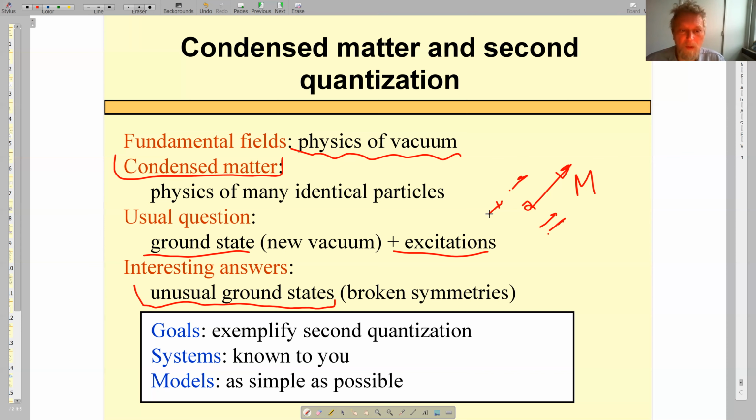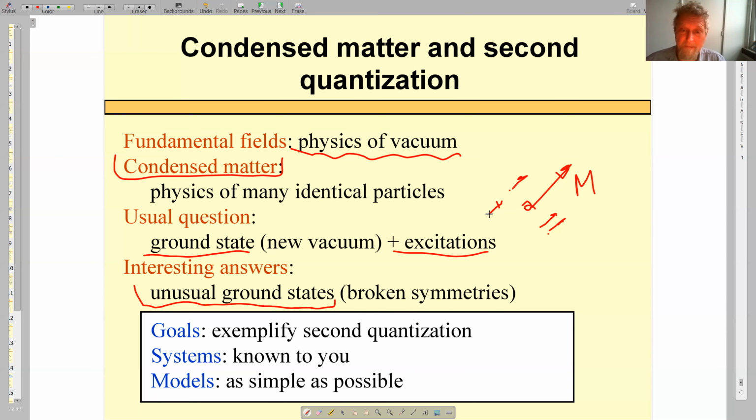And of course, we do not want to go too much into detail. Since our examples, we keep the models which we use as simple as possible. Fine. All right, that was a philosophical introduction.